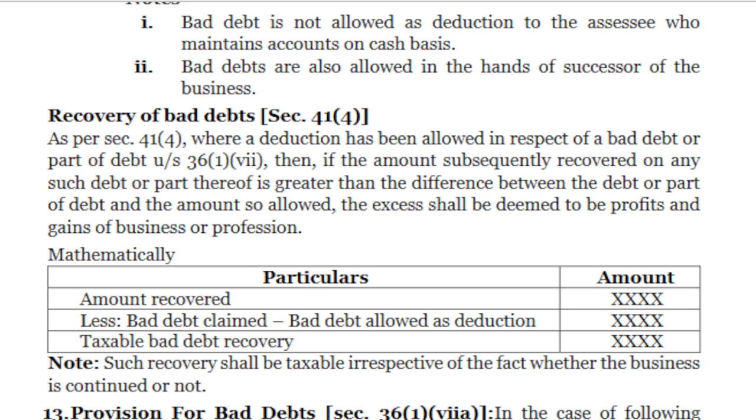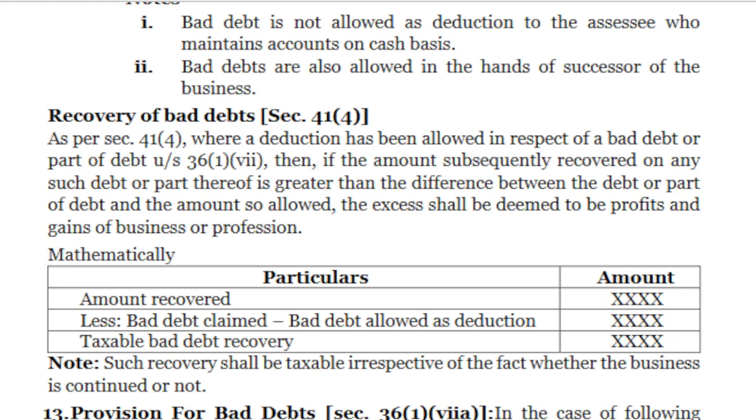Now simply remember that if your bad debts are 45,000 as per your books, but income tax said only 35,000 is allowed under income tax, and you recovered 25,000, you will simply say that in this 25,000, 10,000 is that which could not be claimed as per income tax.